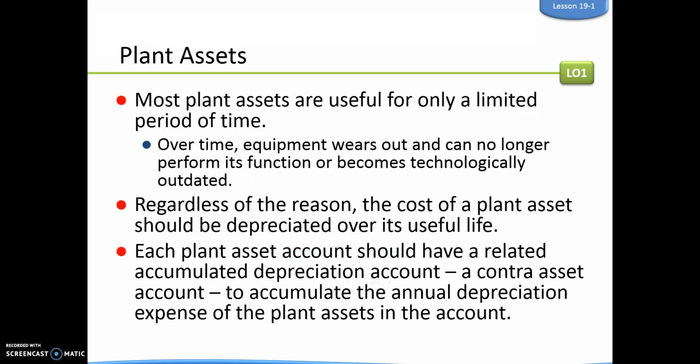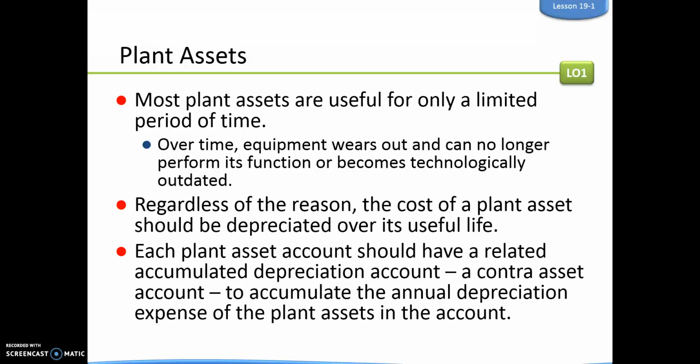Now, most plant assets are useful for only a limited period of time. Nothing lasts forever. And over time, this equipment is either going to wear out or it might become technologically outdated. So, for example, if you have a truck, which would be transportation equipment, that truck isn't going to run forever. Eventually, it will wear out. Same thing with technologically outdated.